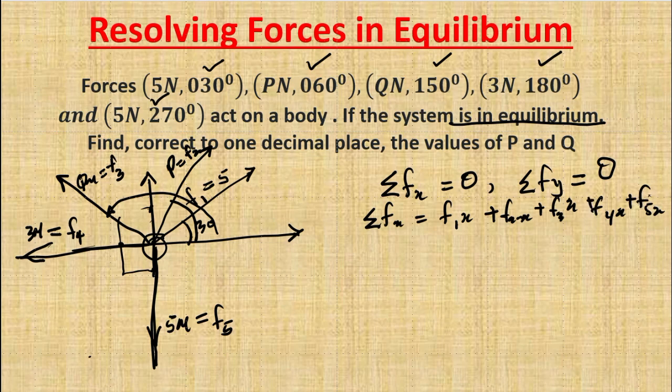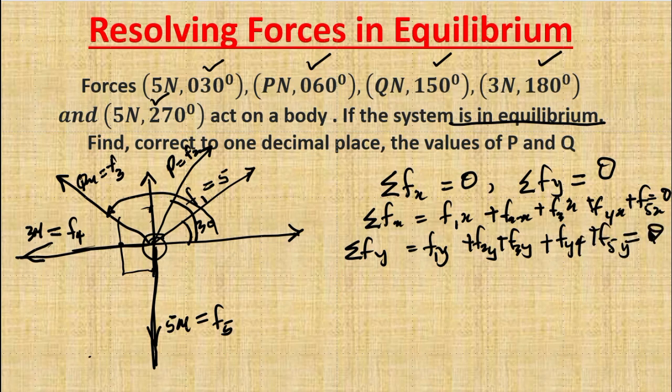And this at equilibrium is equal to 0. Now the summation of Fy also will be the same thing: F1 and its y component plus F2 and its y component plus F3 and its y component plus F4 and its y component plus F5 and its y component will also equal 0.